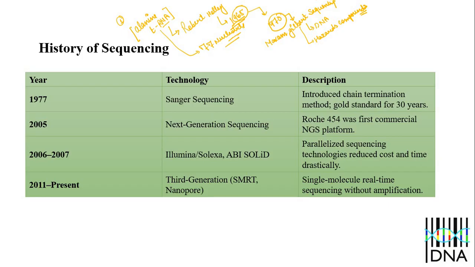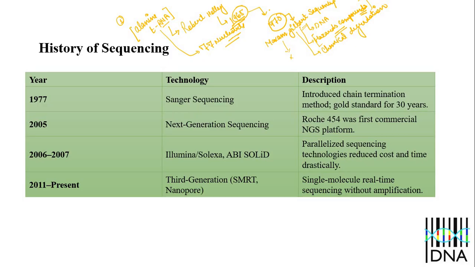It is also known as the chemical degradation sequencing method, because we use chemical compounds to degrade the DNA and find its exact order. But because we use hazardous compounds, this sequencing is not so successful or widely used.